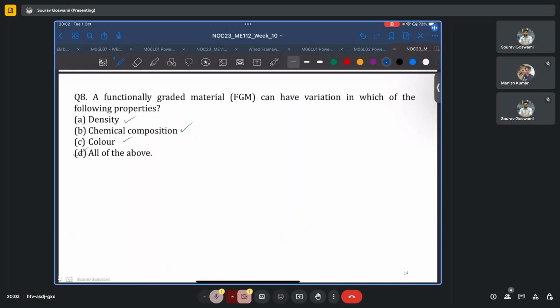And there can be many others, such as magnetic properties, whether they are ferromagnetic, paramagnetic, or non-magnetic. It can be in terms of hardness or in terms of microstructural features such as texture, grain size, as long as it suits a functionalized objective, the material may be admitted as an FGM.